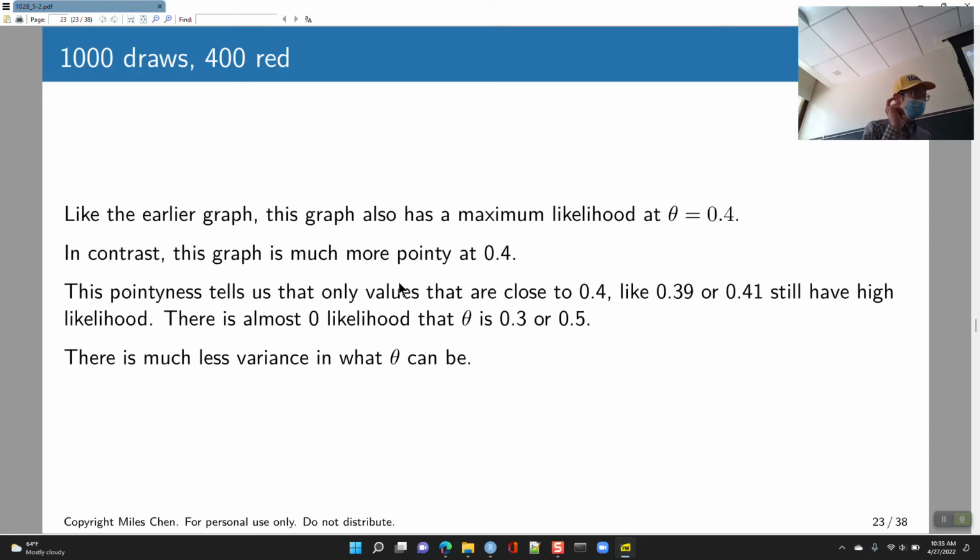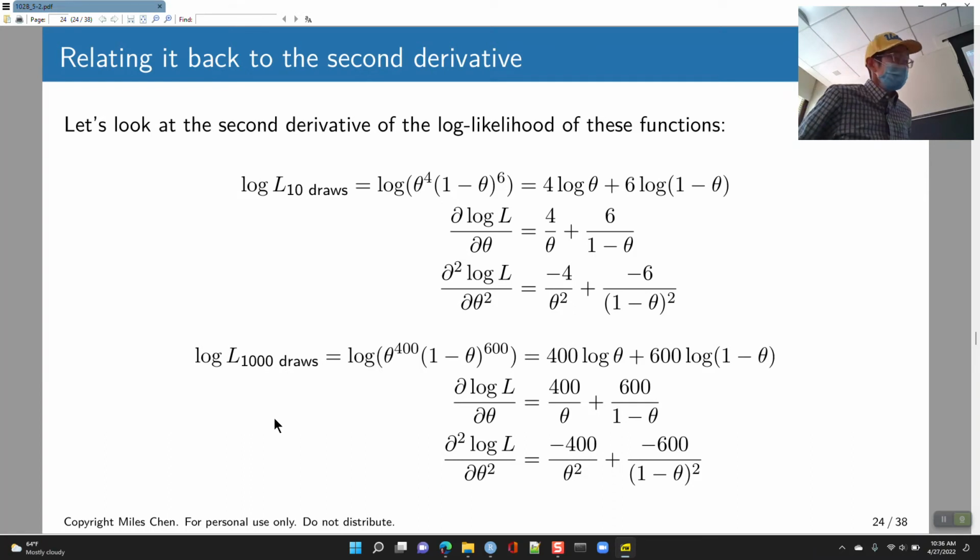And so what could our theta be? There's a lot less variance here. And so if we take a look at the second derivative of these functions, which basically measure the curvature, how rapidly does that slope change, we can see that the second derivative of the log likelihood function is much bigger, is much higher for the data when we have 1,000 draws.